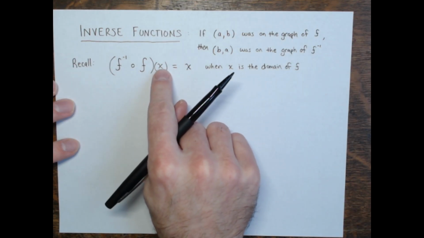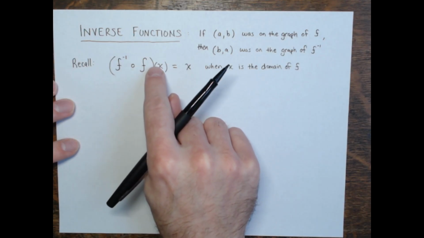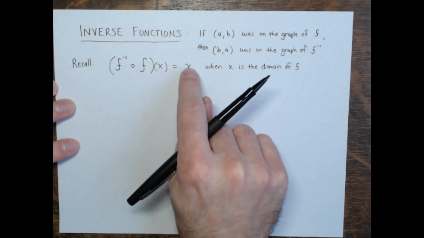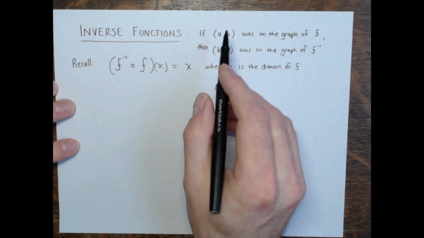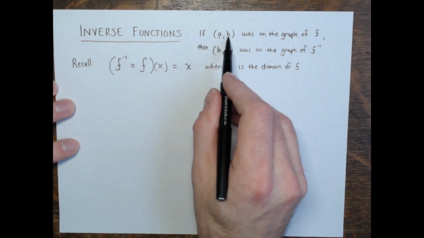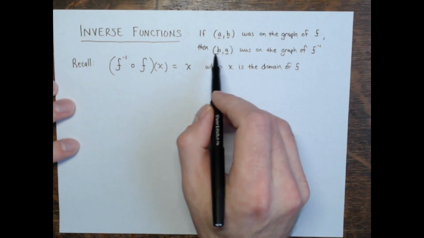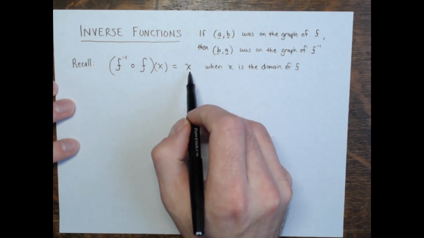Because you have to plug X into F first, and then take F of X and put it into F inverse, and that'll take you right back. So if my input were A, then the output would be B, and then I would put B into the F inverse function. It would take me right back to A. You're taken right back to where you start from.